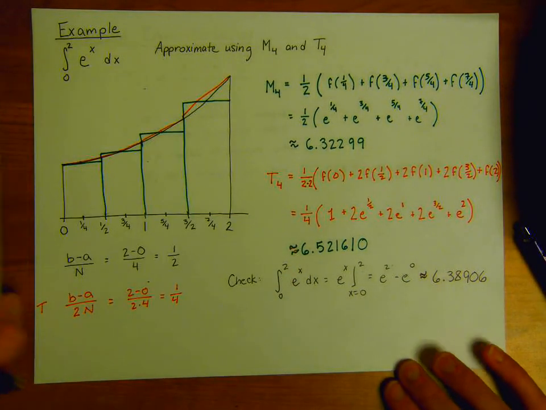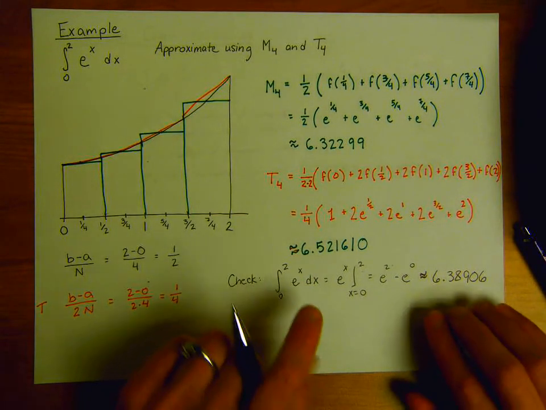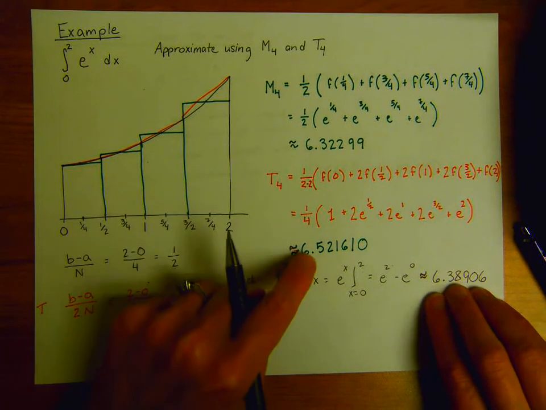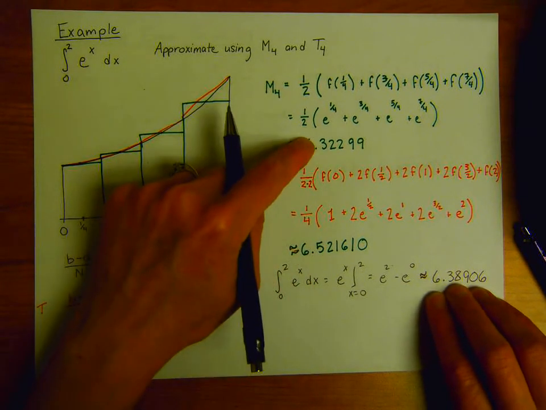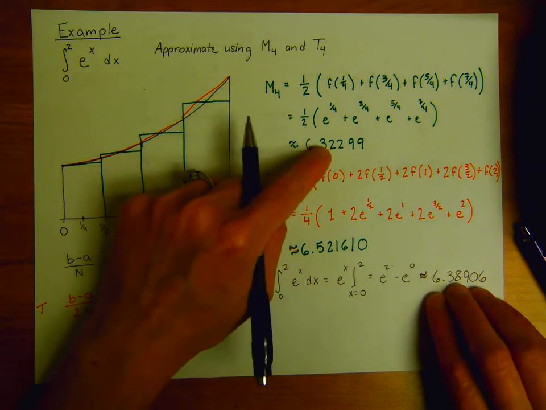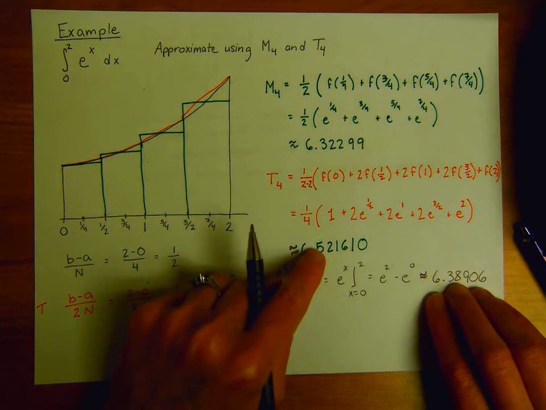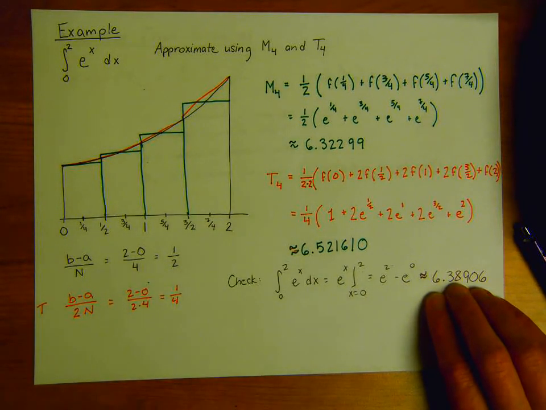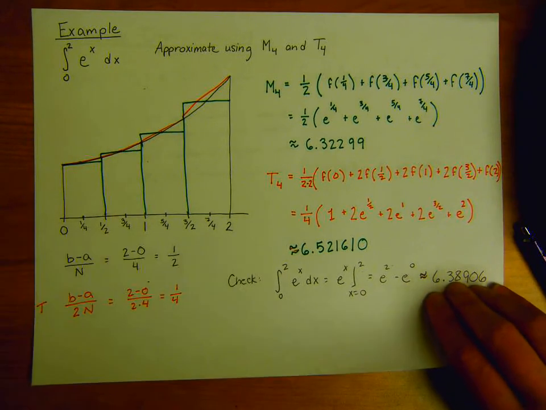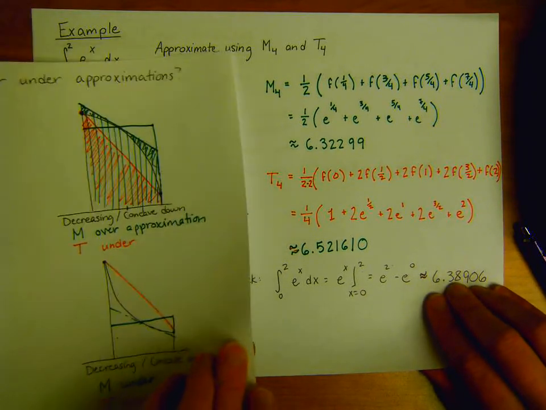6.38906. So notice, 1, that our midpoint approximation is closer than our trapezoid approximation. That this one is less than 1/10 away, and this one is 1/10 and a half away from the exact value. Another thing that we notice is that we can go back to what we saw previously.